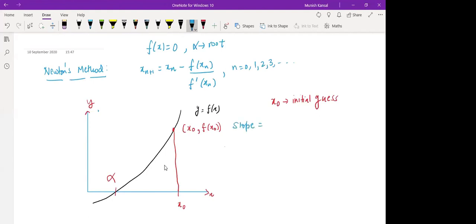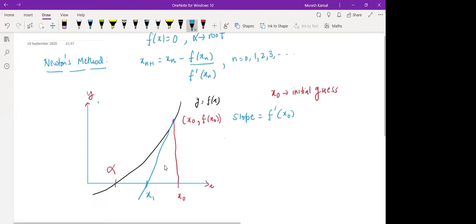We know that slope is the first derivative evaluated at the point x naught. So this is the slope, right? Now, the idea of Newton is that from this point, you draw a tangent to the curve. So I have drawn a tangent to the curve. Where it crosses the x-axis, that becomes your new approximation. So here, this is the new approximation x1.